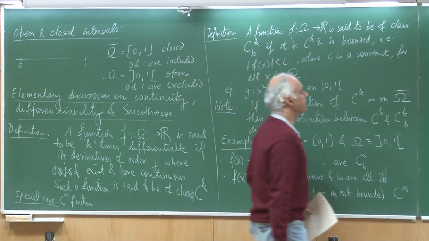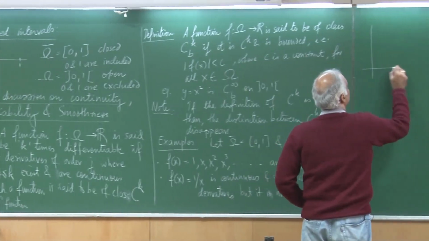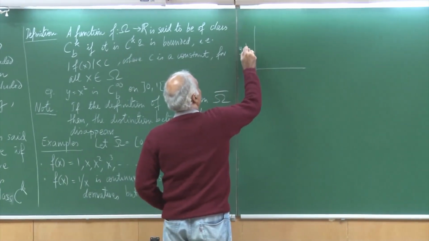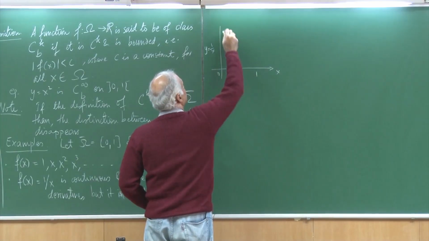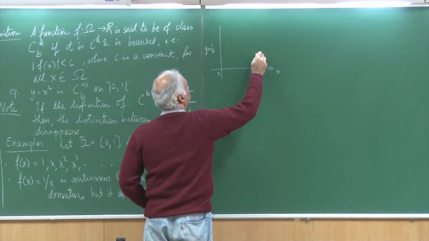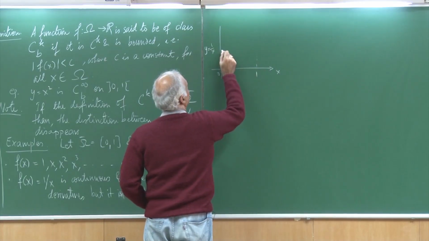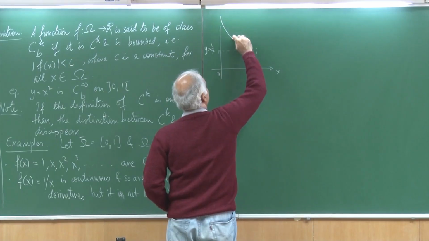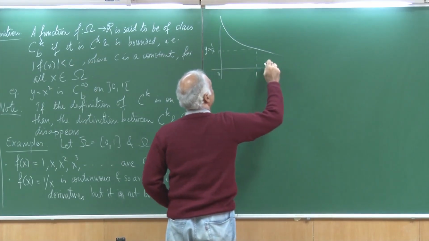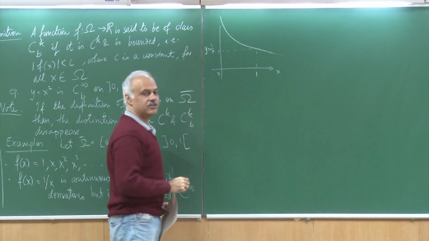Why is that? Well, I could draw y equal to 1 by x, with x, this is 0, this is 1, and at 1 of course I would get a value which is 1, but this function would look something like this. Of course I am only interested between 0 and 1.